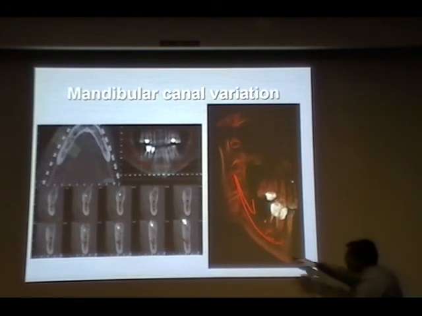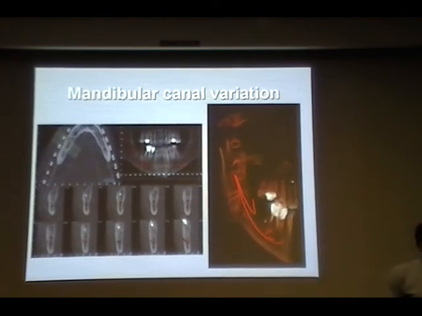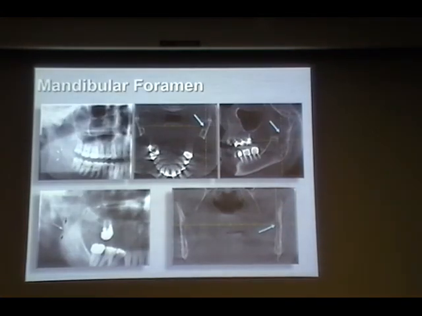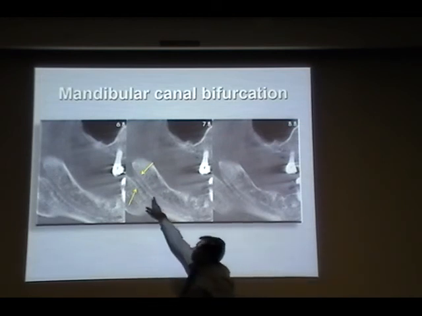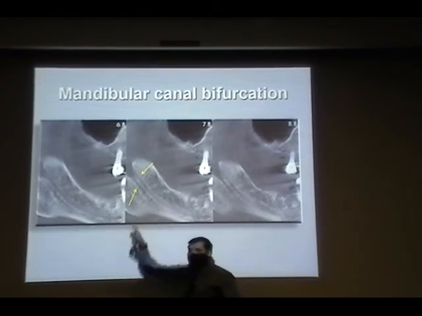So you should know whether you have one mental foramen or multiple of those. So here is an example of a bifid canal. You can see one superiorly, the other one inferiorly.